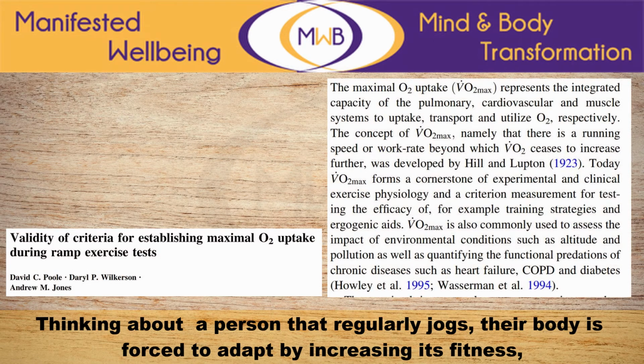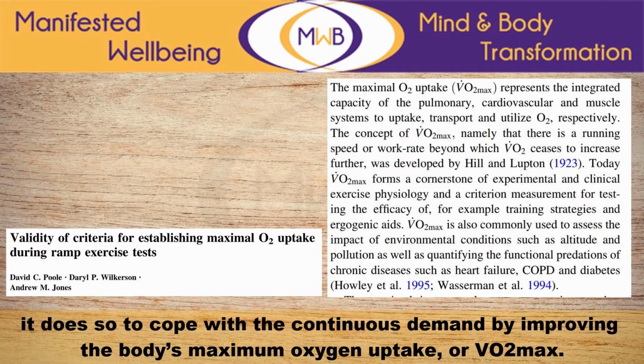Thinking about a person that regularly jogs, their body is forced to adapt by increasing its fitness. It does so to cope with the continuous demand by improving the body's maximum oxygen uptake, or the VO2 max.